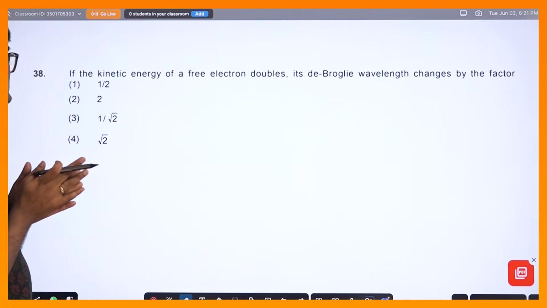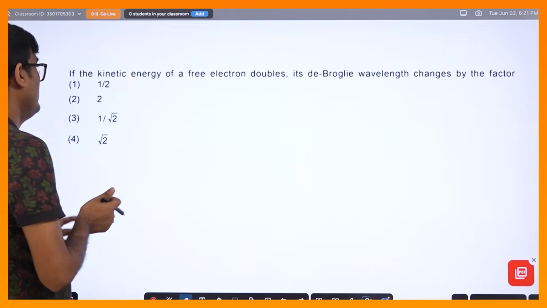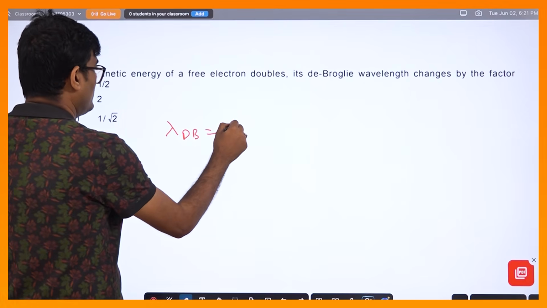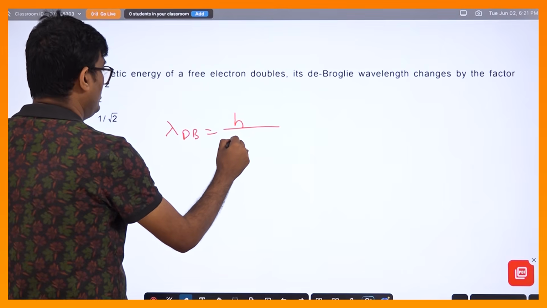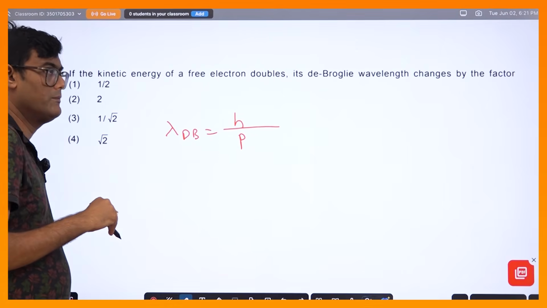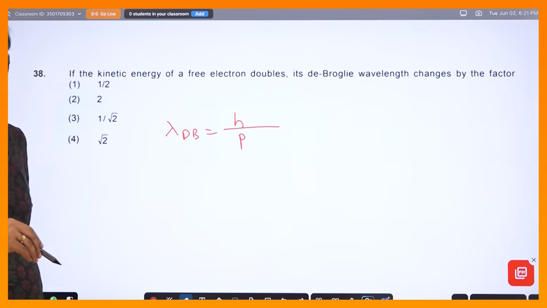If the kinetic energy of an electron is doubled, the de Broglie wavelength changes by a factor. De Broglie wavelength is equal to h by mv, that is h by p. Now I know that p square by 2m is equal to kinetic energy, right?